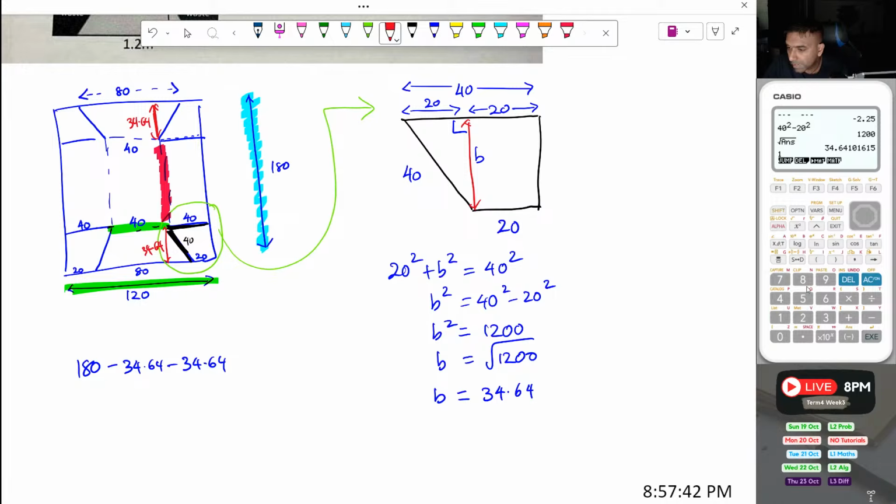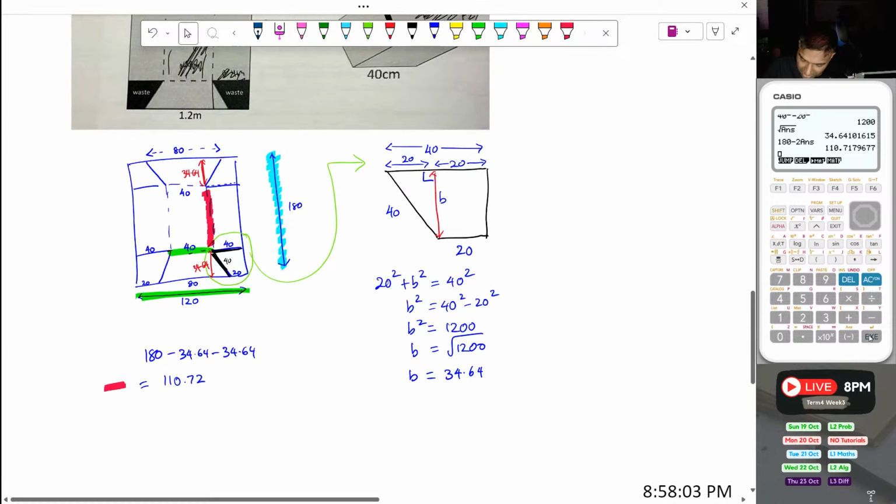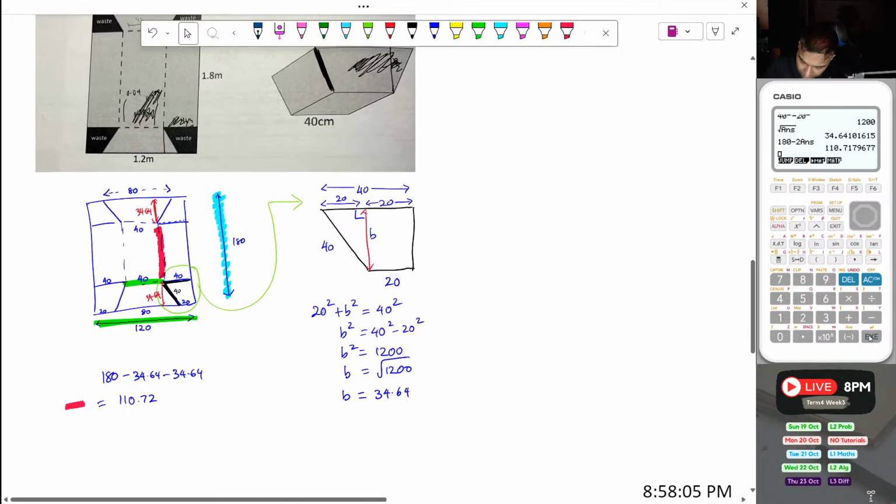So I'm going to go 180, take away 2 times the answer. That gives me 110.72. I really should have written proper letters or numbers, but that's fine.